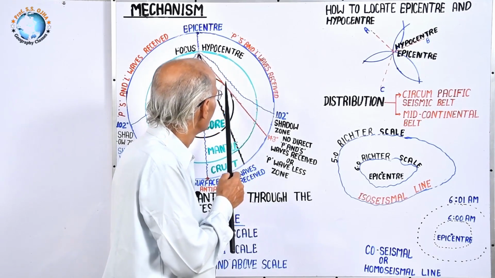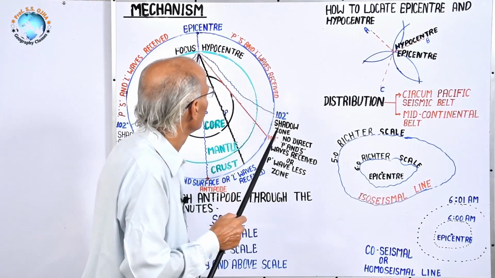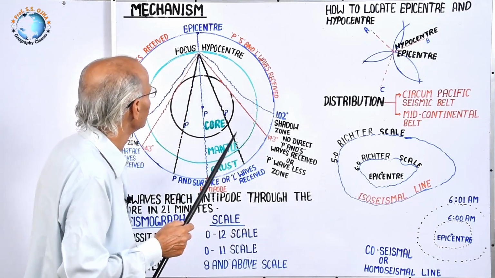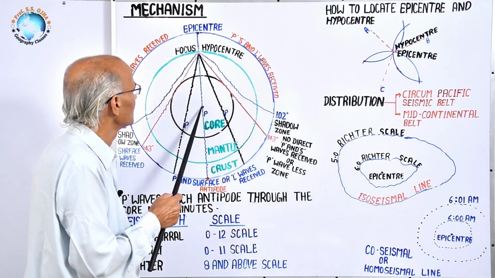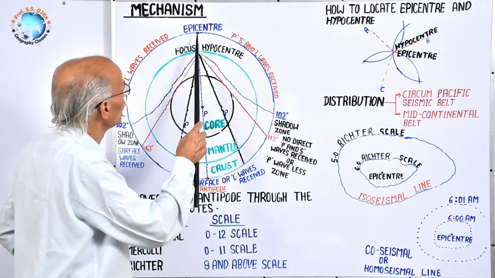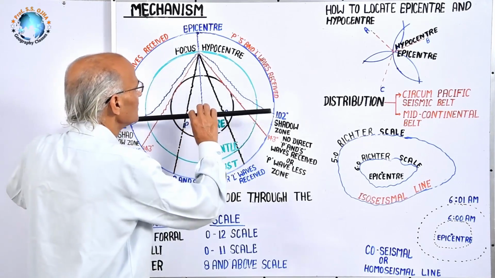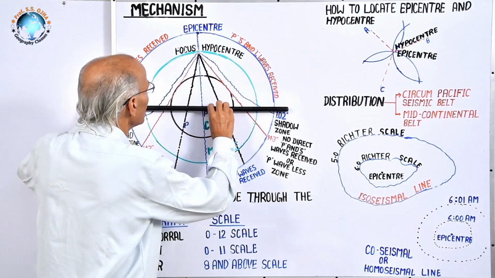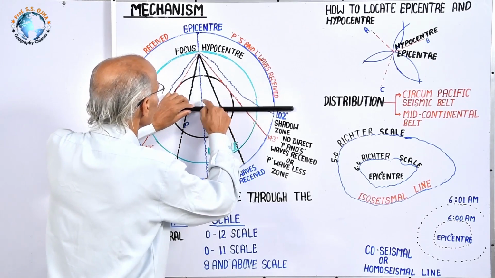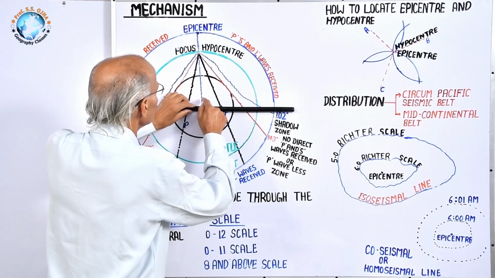S waves also slip from here. Two points to understand: suppose this is the center of the earth and this is one vertical line, and you draw this line, these angles are 90 degrees.